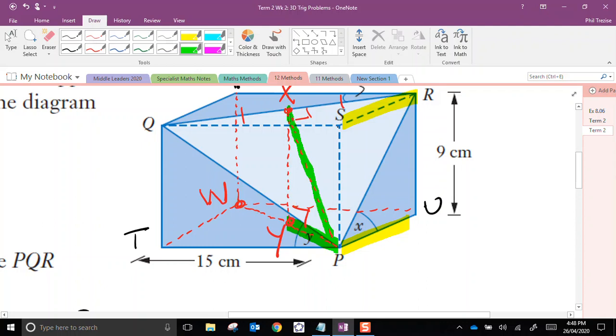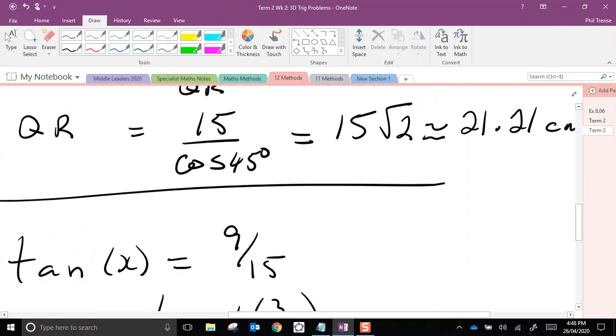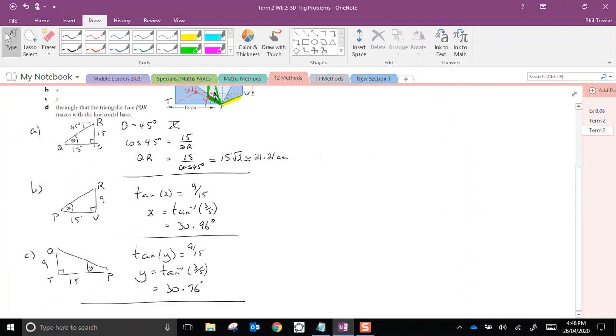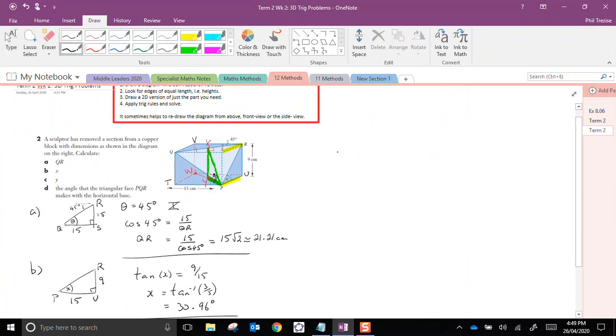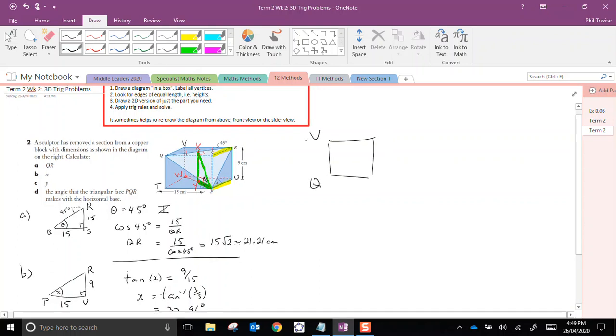Point Y would be directly below point X. And that gives me a triangle I can work with, and the angle I'm interested in is this angle in here, which I'll just label theta. Now what do we know? Well, if I was to redraw that thing from above, if I was to look straight down from above, I'd be looking at a square. So that would be Q, that would be V, that would be R, and that would be S.